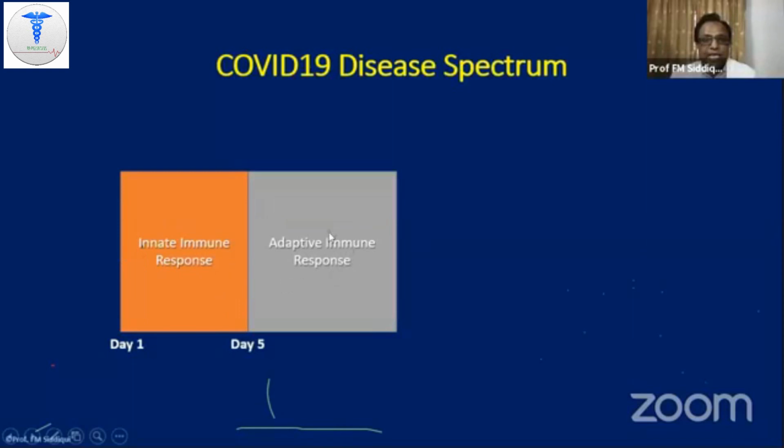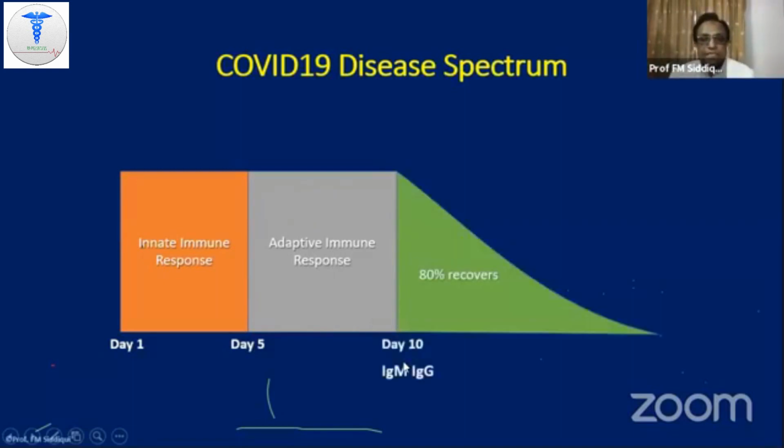This innate and adaptive immune system working together is sufficient to take control of the virus. And from the 10th day onwards, 80% of infected persons recover. Only 20% enter into severe and critical disease. And by day 18 to 22, either the patient recovers or succumbs to death.